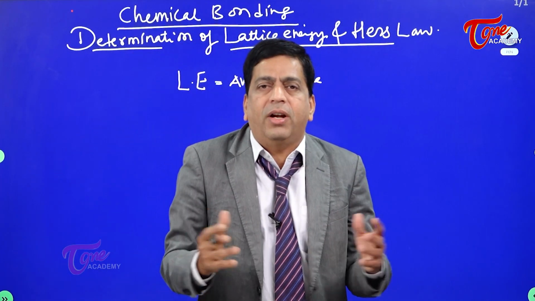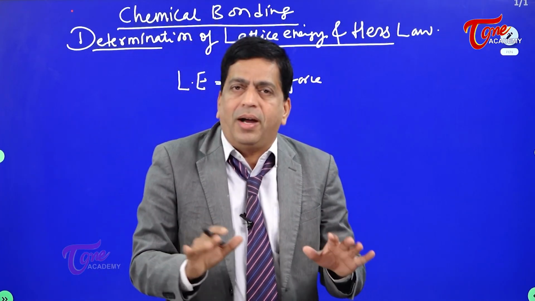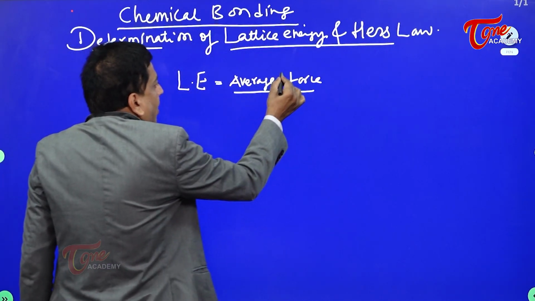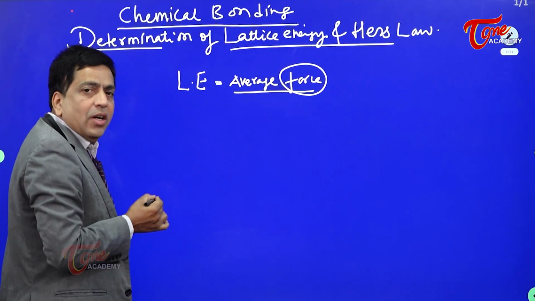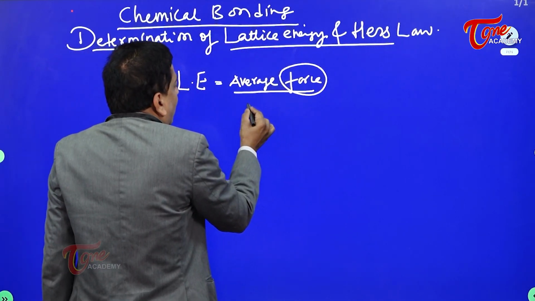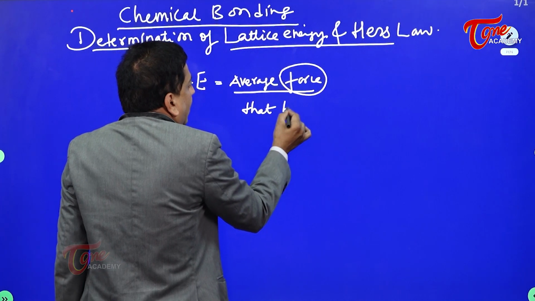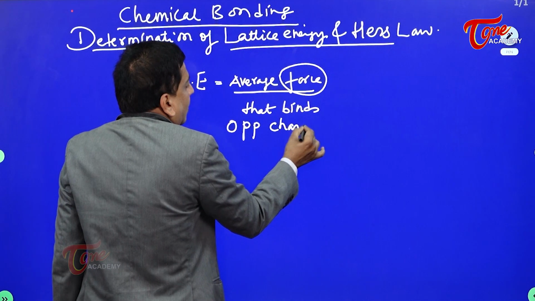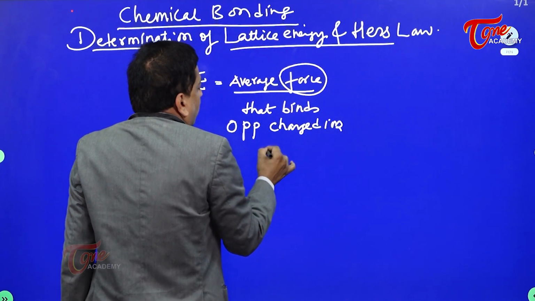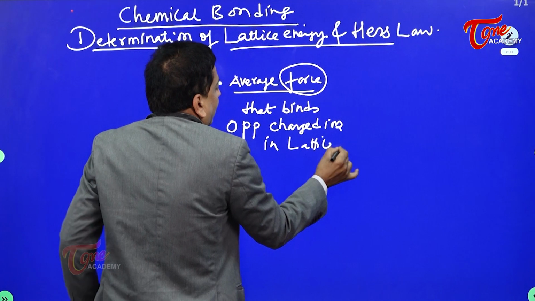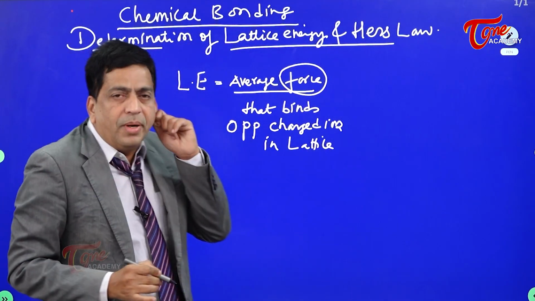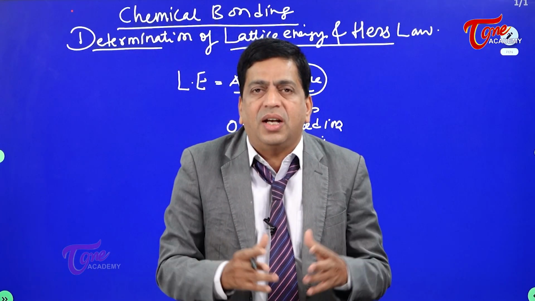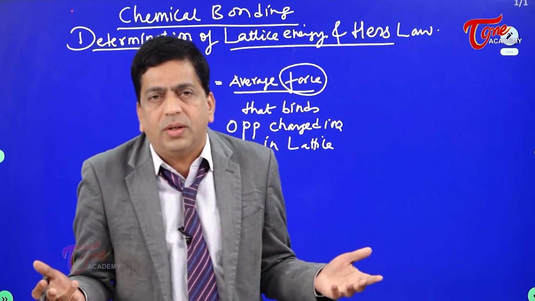It's basically an average force that binds oppositely charged ions in a lattice. So ionic substances are basically made up of ions, and the average force that exists between these oppositely charged ions, I consider it to be the lattice energy, right?